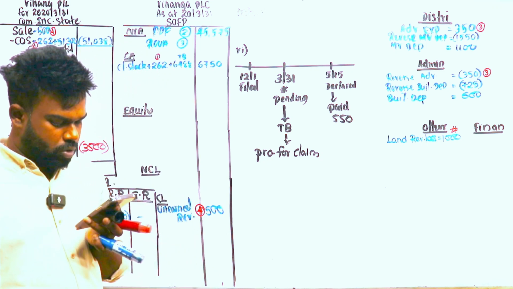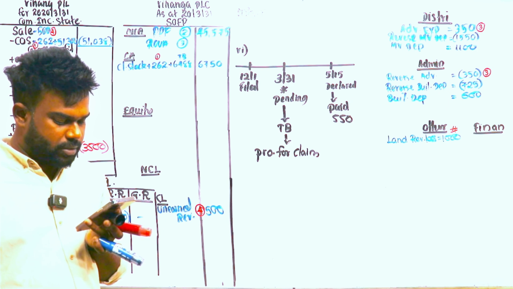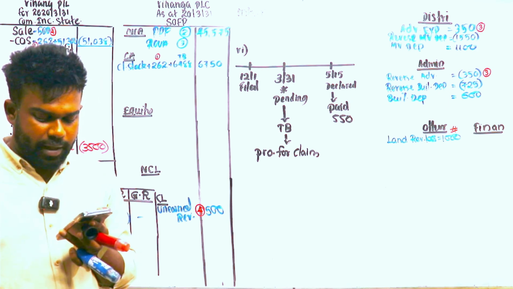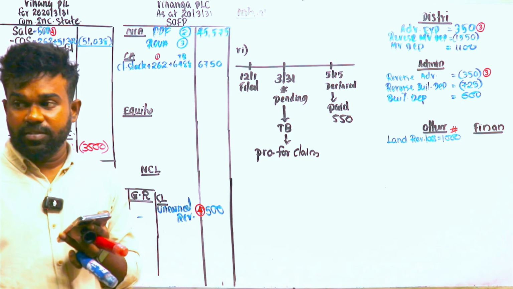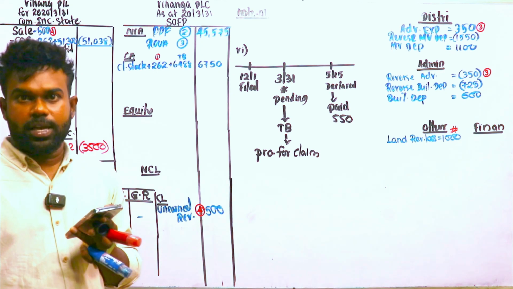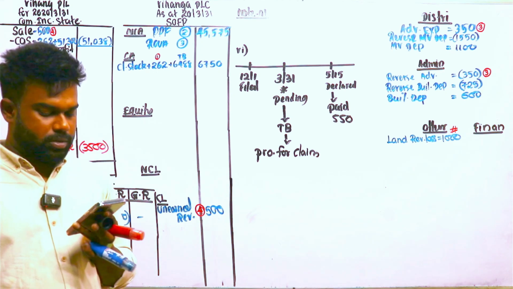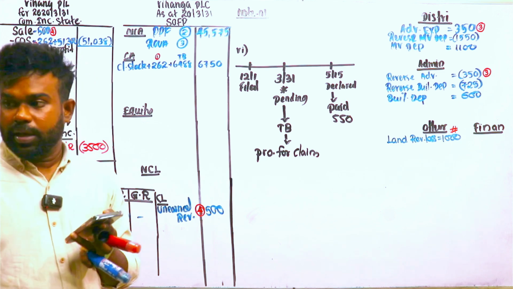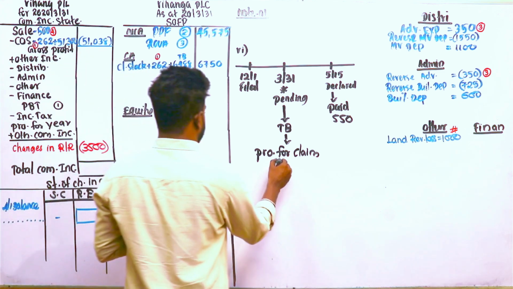Provision for claims, how much? 800. Right, yes, 800.